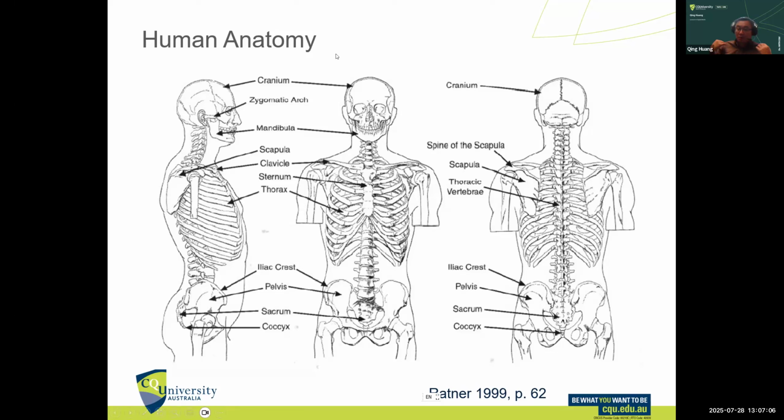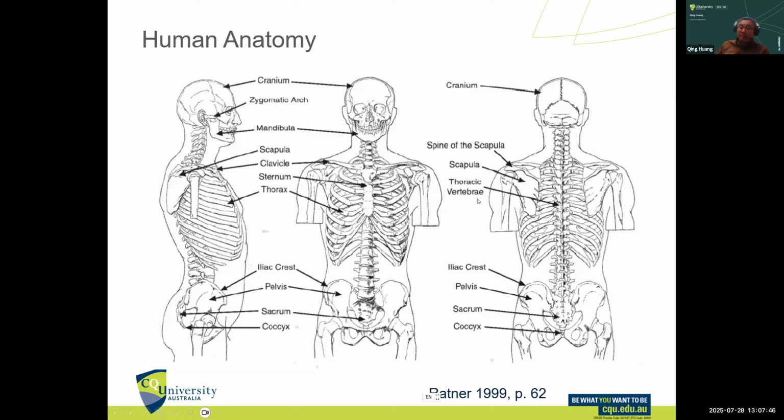The clavicles are bow-like structures at the bottom of the neck, and the rib cage is an obvious feature, the major bulk of the human body, and the iliac crest that represents the hip, and pelvic bones that support the whole upper body, and you have the sacrum bones, which I sometimes call just the tailbone.